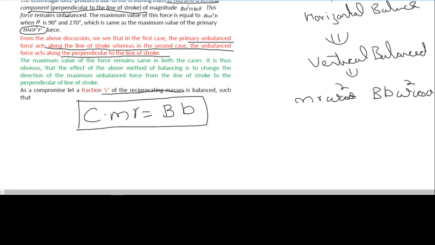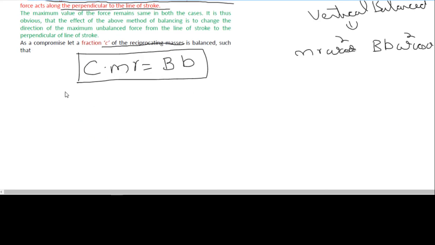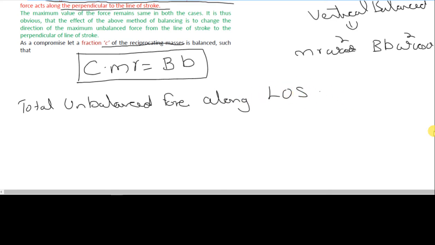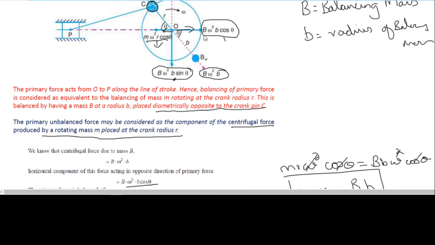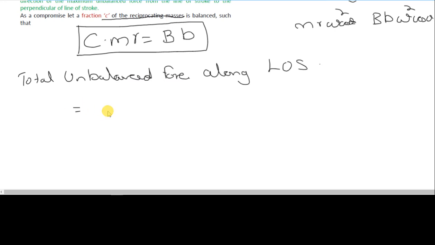So if you take B is equal to c m, then the total unbalanced force along the line of stroke of that crankshaft will be m r omega square cos theta minus B b omega square cos theta.